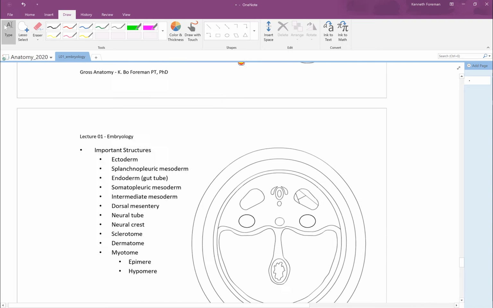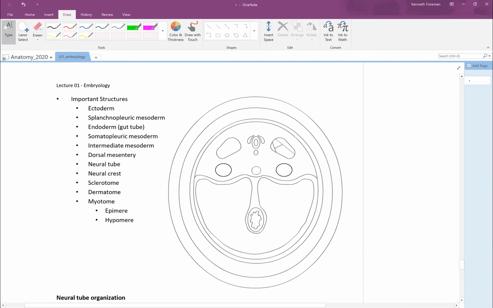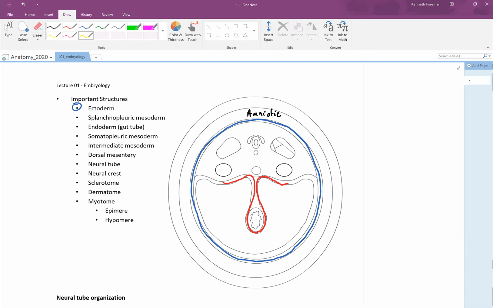So eventually, this is what it looks like. Around the outside, we have our amniotic cavity. We have our ectoderm wrapping all the way around. We have our splanchnopleuroid mesoderm, which will be wrapping around the gut tube, or specifically around the endoderm.